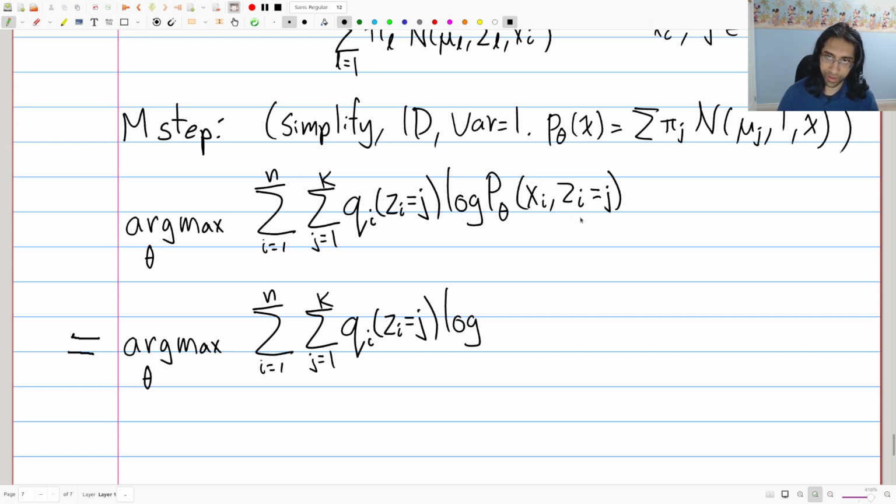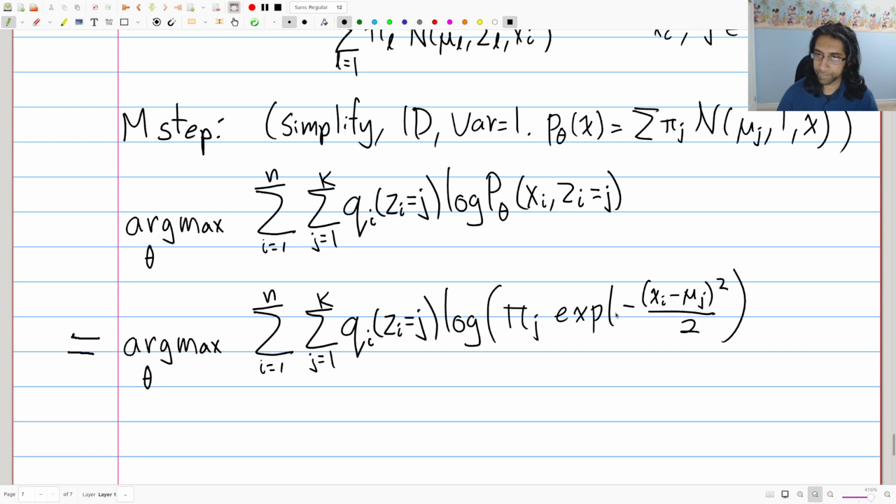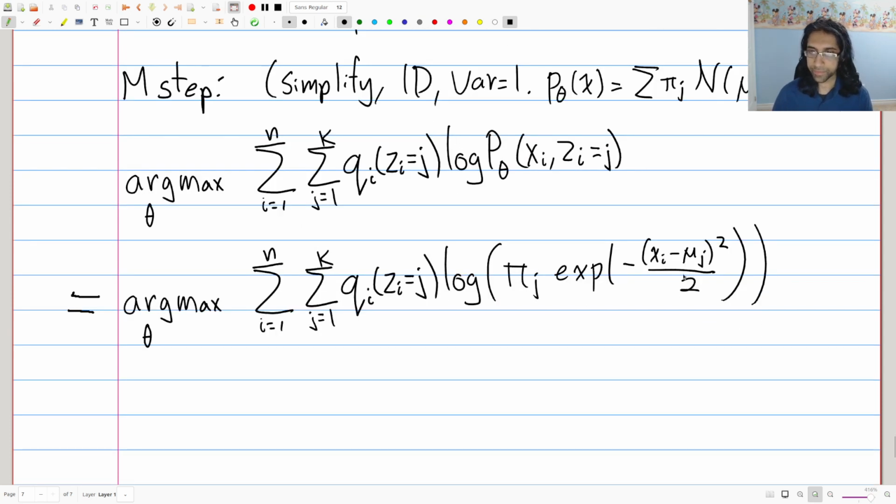So yeah, all we're going to do is substitute this in. Notice that this is the probability that came from component j and that we saw xi. So this is just going to be log of pi j times exp of minus xi minus mu j squared over 2, times some normalization factor, of course, which I'm going to leave out, 1 over square root 2 pi, whatever.